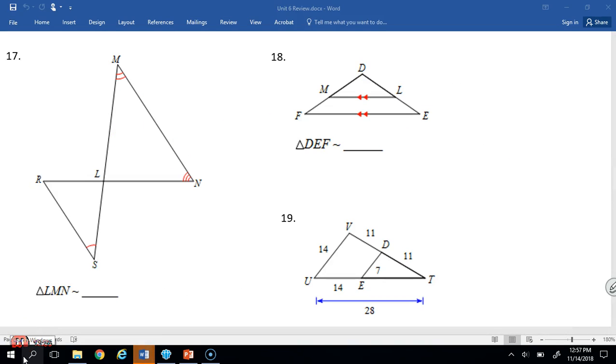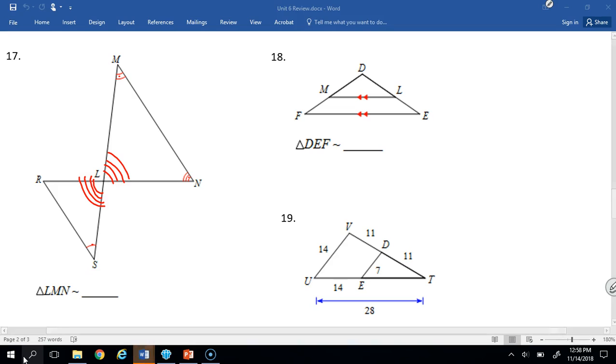For 17, 18, and 19, it says state if the triangles in each pair are similar. If so, state how you know if they are similar and complete the similarity statement. So on this one, we do know that we have these angles right here, and I'm going to mark these with 4 arcs and 4 arcs, because we've got 1 arc down here, we've got 2 arcs up here, and we've got 3 arcs right there.